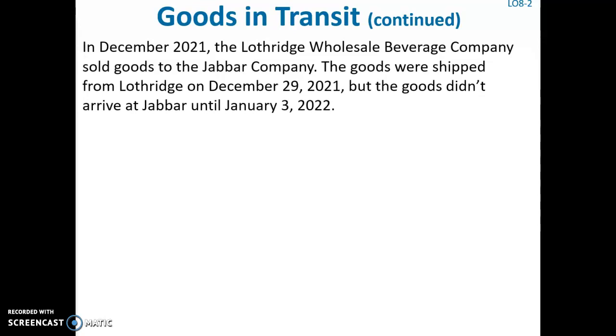For example, in December 2021, the Lothridge Wholesale Beverage Company sold goods to Jabbar Company. The goods were shipped from Lothridge on December 29, 2021, but the goods did not arrive at Jabbar until January 3, 2022.